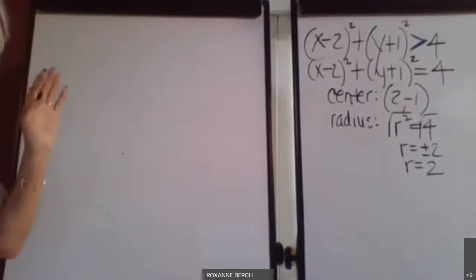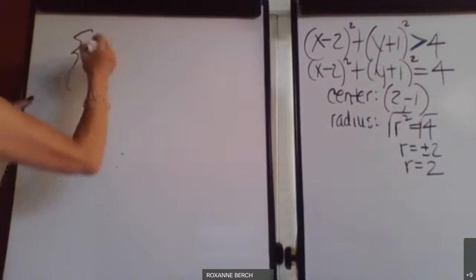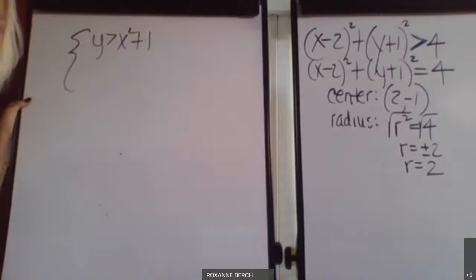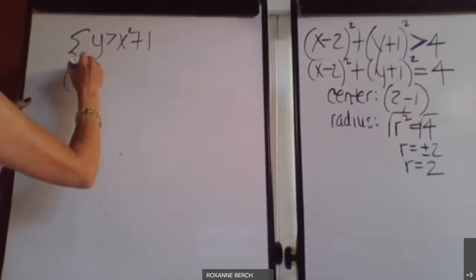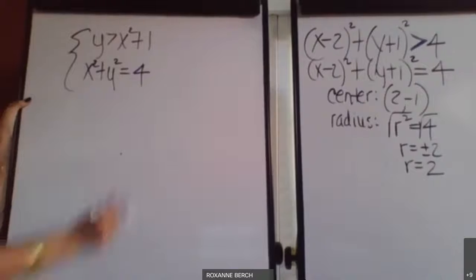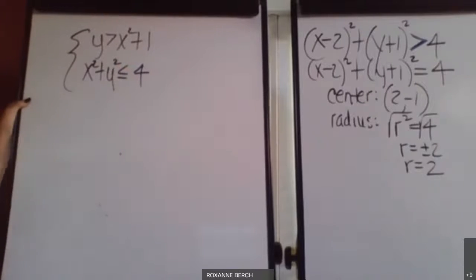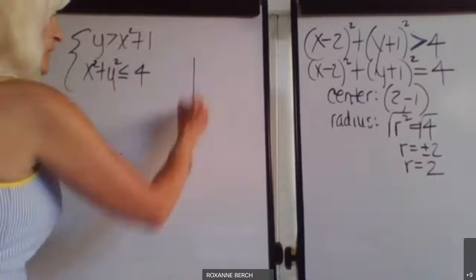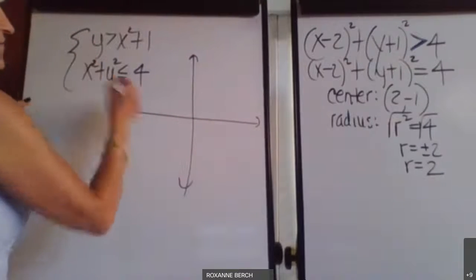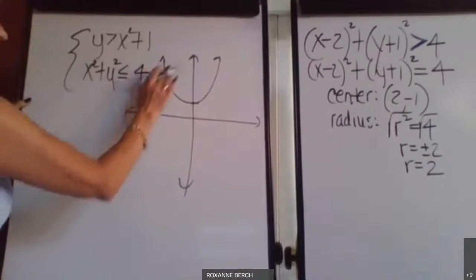Don't write this down, just pay attention. You're going to have a system where you have a quadratic. And then you might have a circle. Well, what you're going to have to do is graph the quadratic and know that it's dotted.